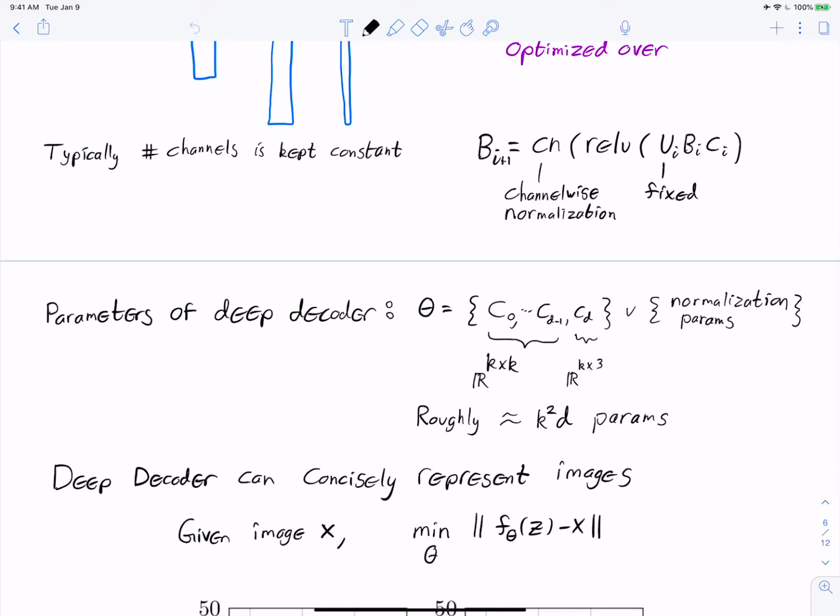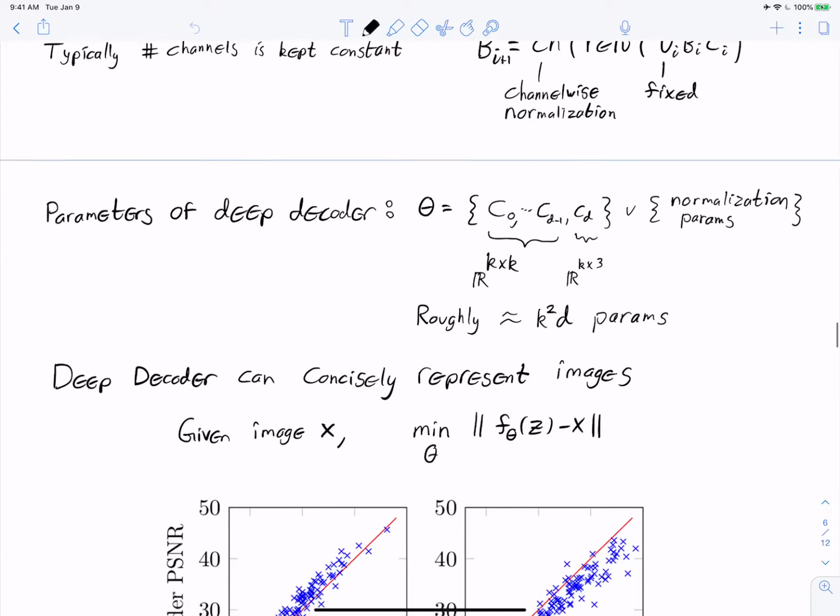Theta is also going to contain all the normalization parameters, which I won't detail. So if we asked how many parameters there are in the deep decoder, roughly speaking, they're K squared D parameters. All right, now that we have the deep decoder, let's do some interesting things with it.